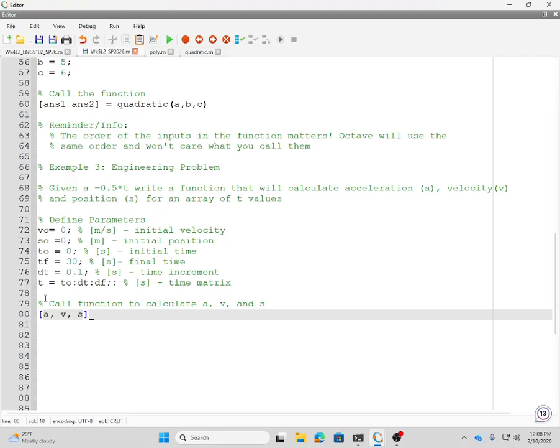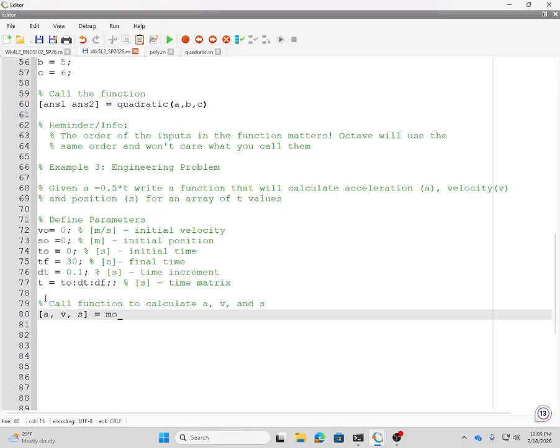Anybody remember when you have a space, what does it mean? Is it like a column or row? Row. No, row is like a semicolon, column. Comma and space, anybody remember, are those the same thing or not? Those are the same thing, okay? So that means you can skip the comma as well, doesn't really matter. Just different ways of showing the same thing.